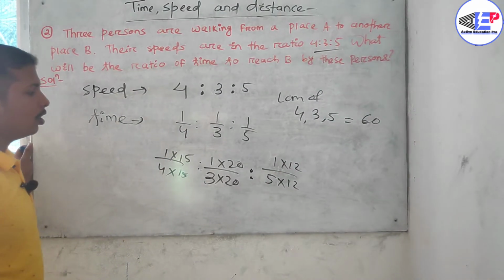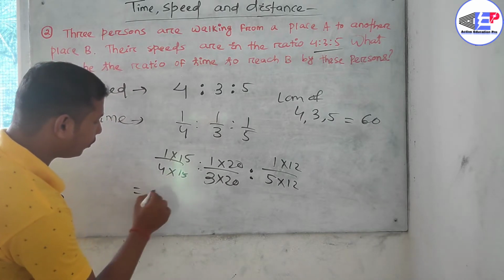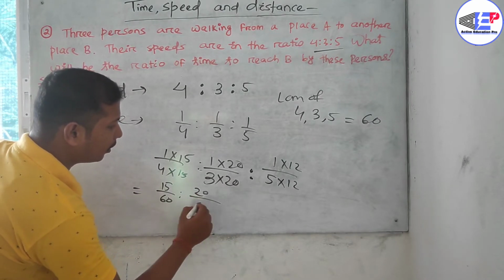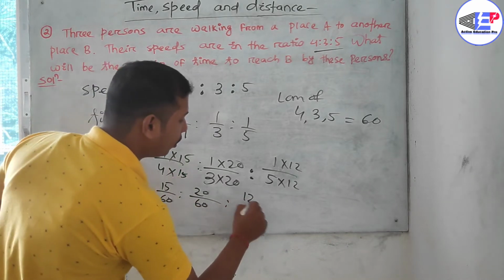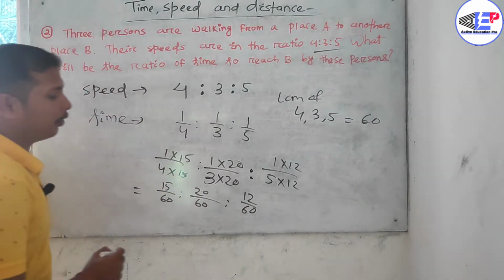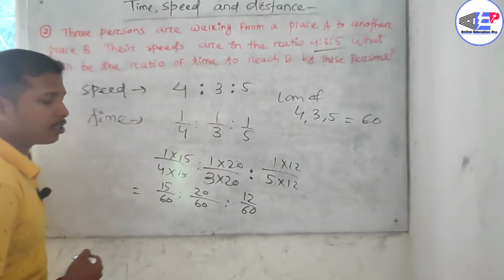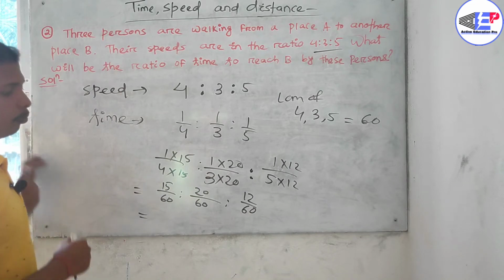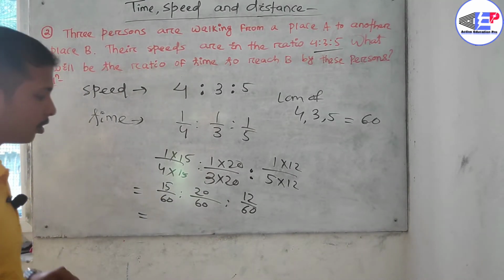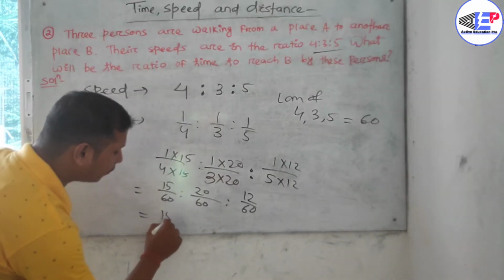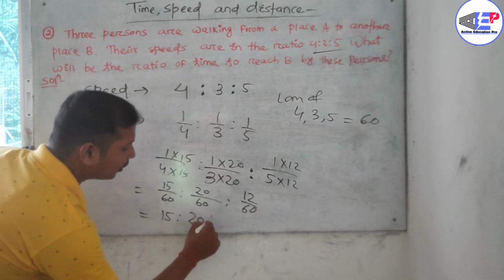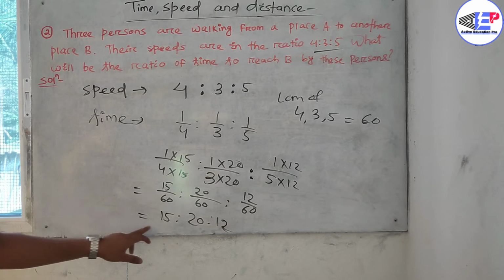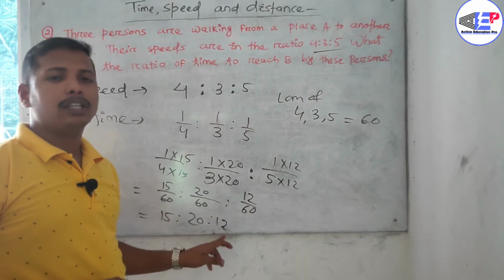So this becomes 15 by 60 is to 20 by 60 is to 12 by 60. Now we will cancel 60 because it comes in all three ratios. So it becomes 15 is to 20 is to 12. So the ratio of their times will be equal to 15 is to 20 is to 12.